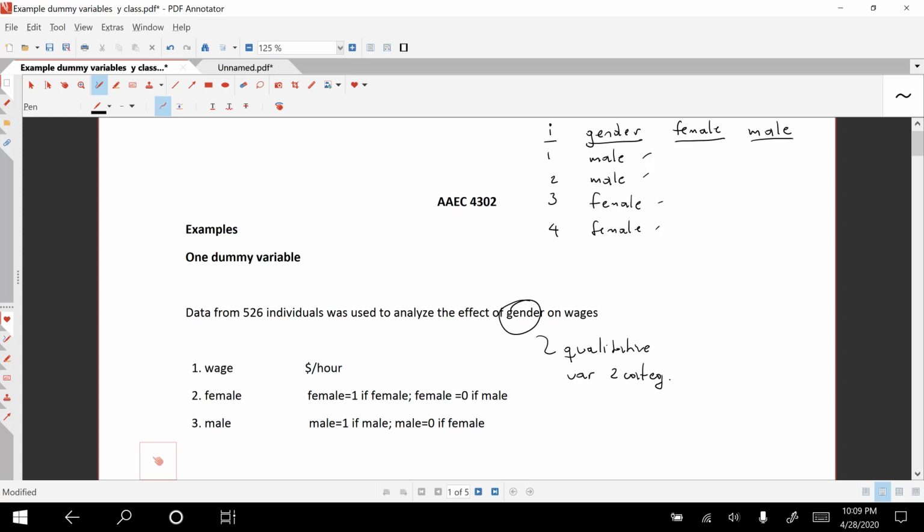So for example, we could use a dummy variable for female. If female is the dummy variable, that means that male is going to be equal to 0 and female equal to 1.